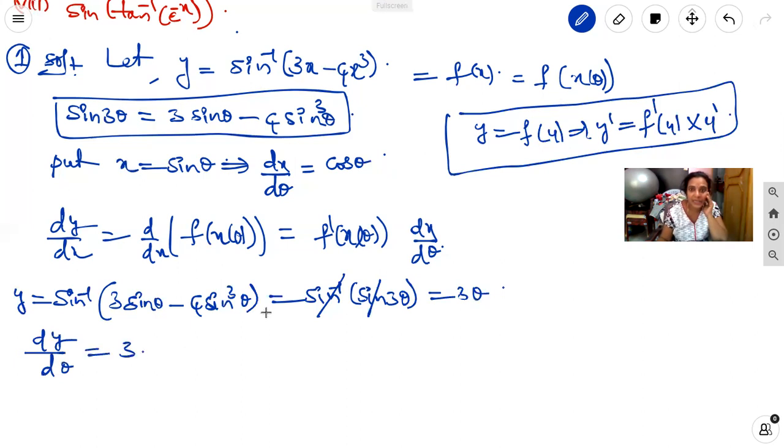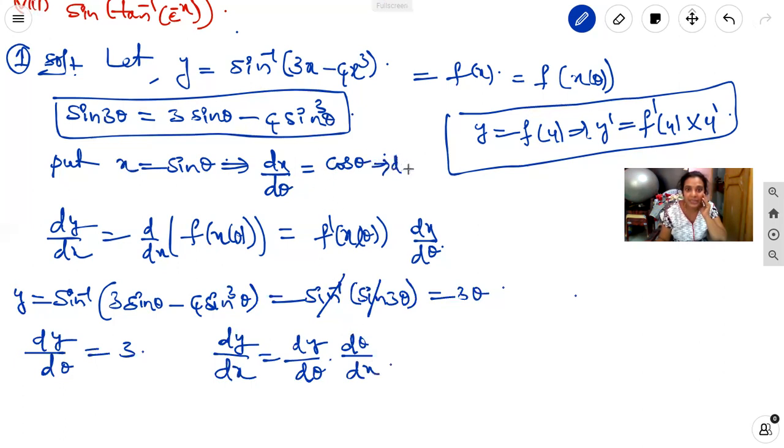Okay, but here dy by dx can be written as dy by dx equal to dy by d theta into d theta by dx. Here by the reciprocal, d theta by dx equal to 1 by cos theta.